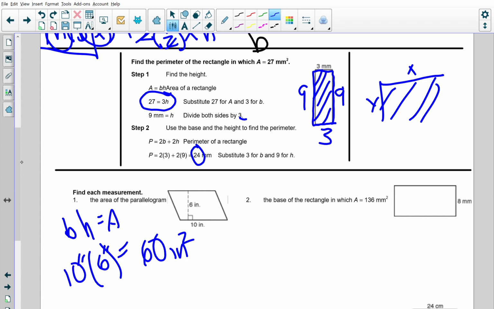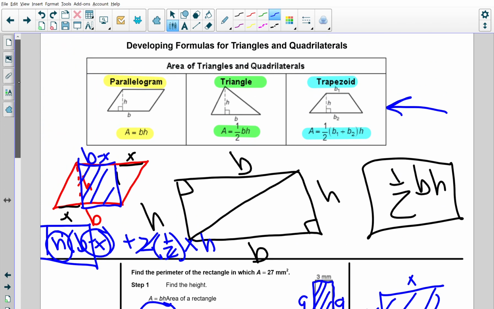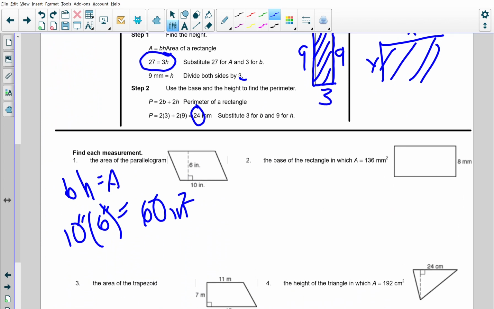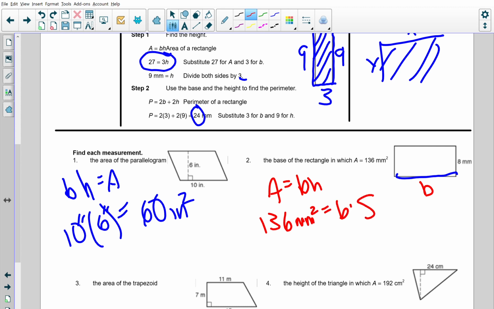Simple. Remember, base times height, half base times height, sum of the bases times half the height. The base of the rectangle, that's what we're looking for. We're looking for this. Well, area is equal to base times height. 136 equals base times that.